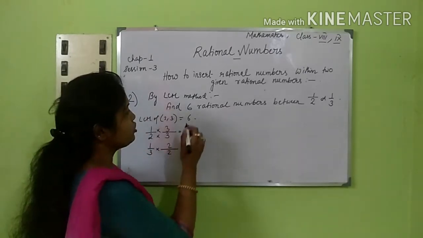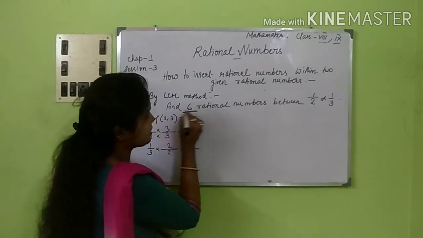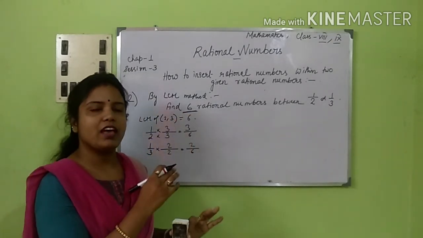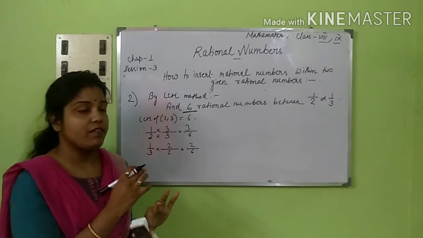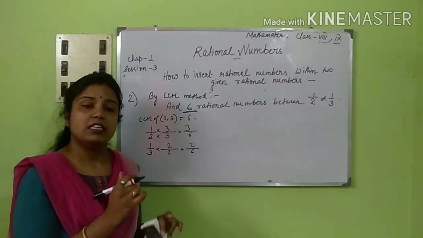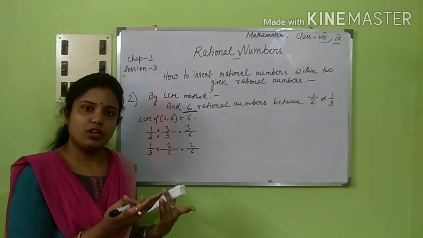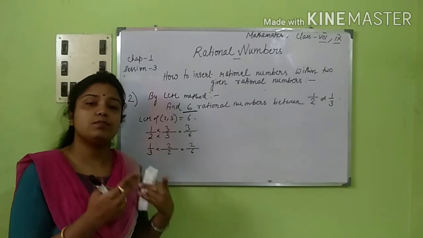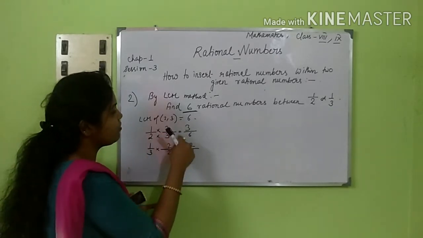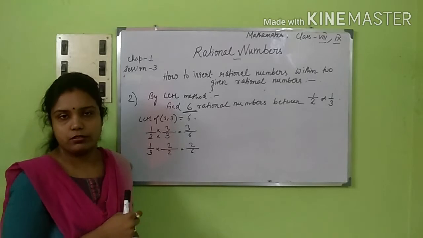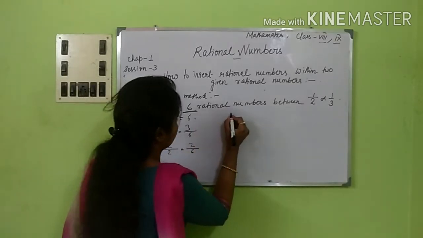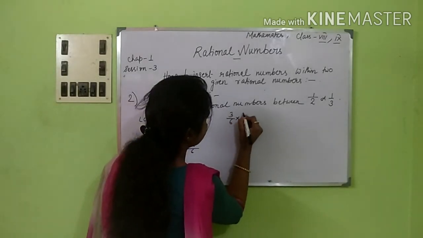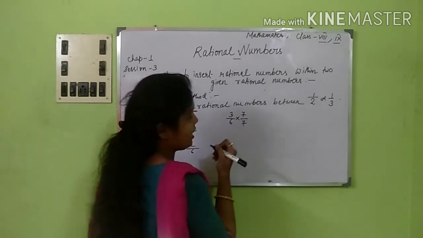Now, how many rational numbers do we have to find? 6, right? So whenever we have 6 rational numbers to be found out, we will take 6 plus 1, 7. Okay, we will consider 6 plus 1, 7 and multiply with these numbers that we have got. So that means 3/6 into 7, down also 7.